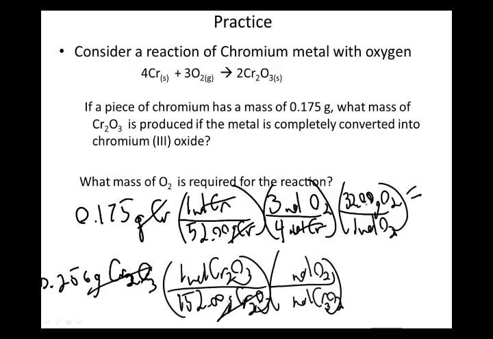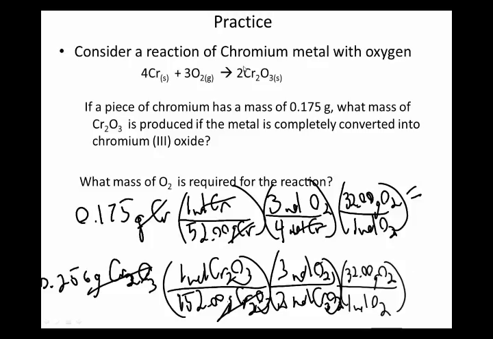And so I'm going to put, again, 3 in front of oxygen, moles of oxygen, because that's what's up here in front of oxygen. And then down here I'm going to put 2, because that's what's here. And then I'm going to multiply times 1 mole of O2 to 32 grams O2.